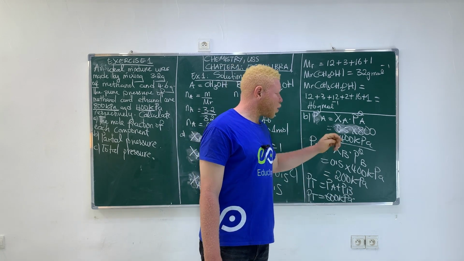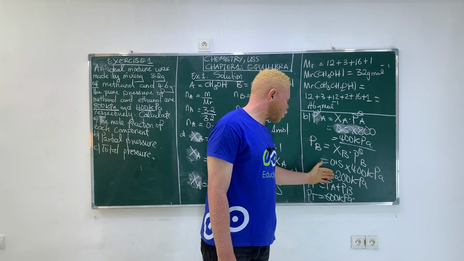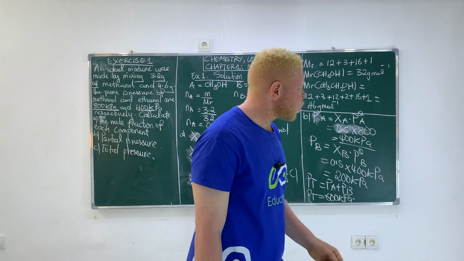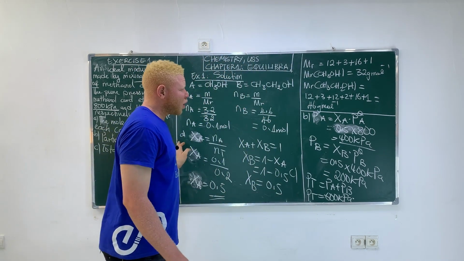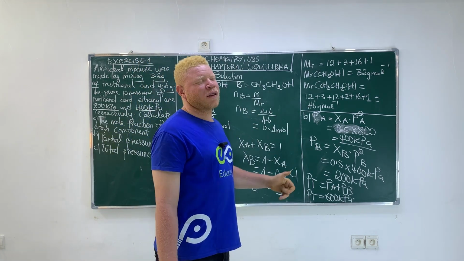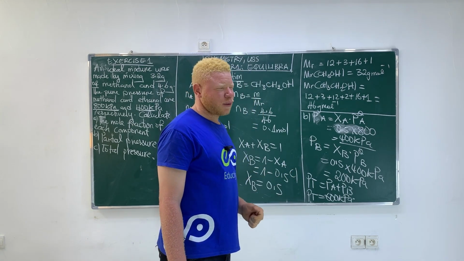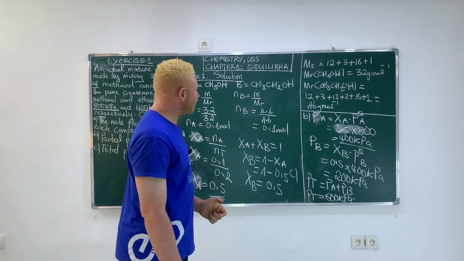PA is 400 and PB is 200, so it's 400 plus 200, which gives 600 kilopascal. So in a nutshell, calculate the mole fraction, after that calculate the partial pressure, and after that calculate the total pressure. I think that is all about exercise 1.